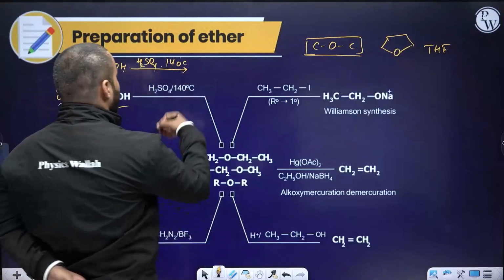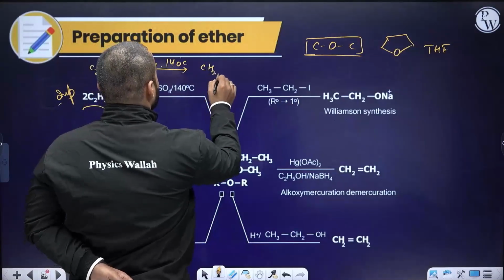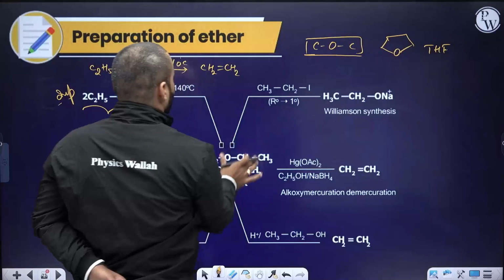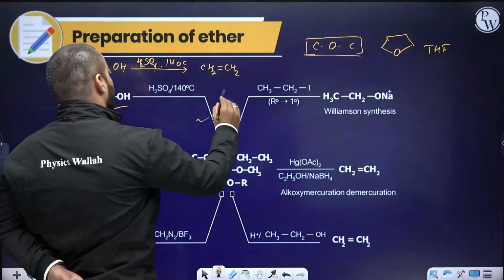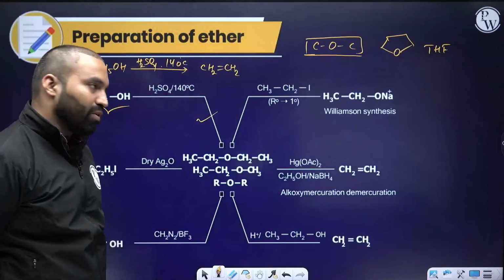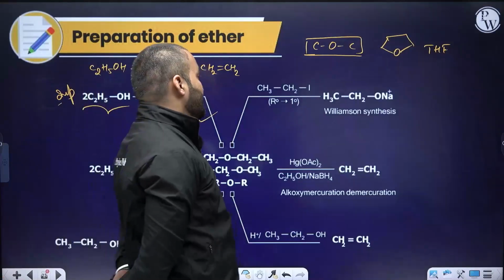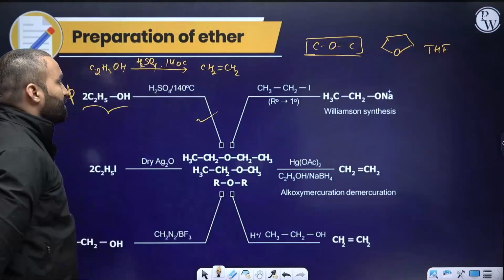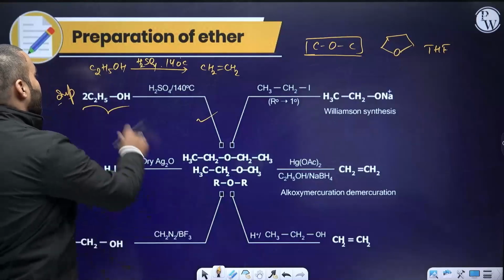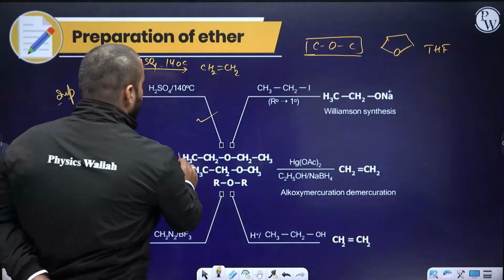Do you obtain the dehydrated product, that is CH2 double bond CH2, or do you obtain an ether? The answer is ether. Particularly at 140 degrees, ether is obtained. Clear, everybody?